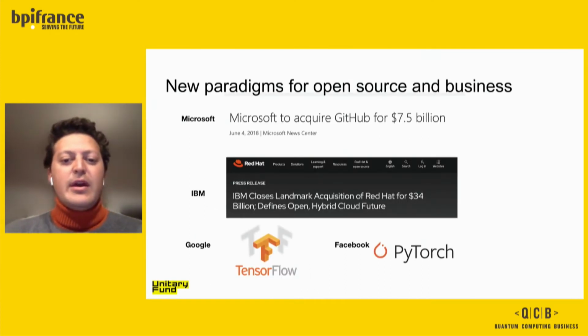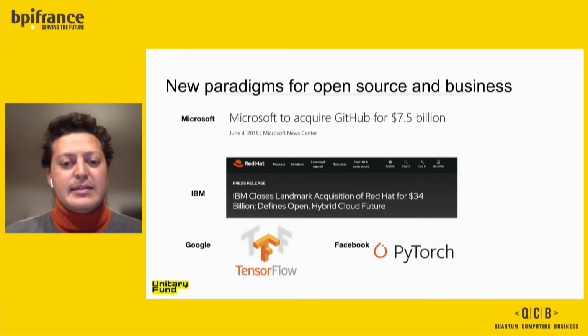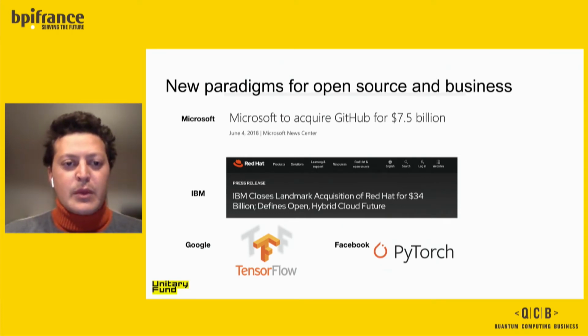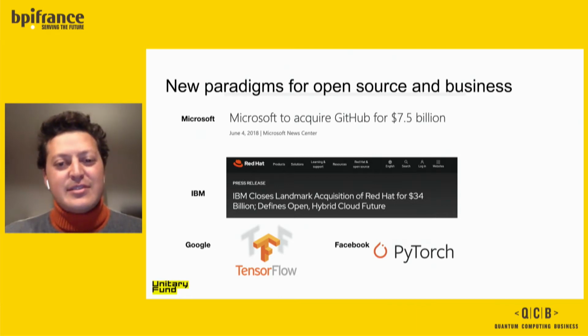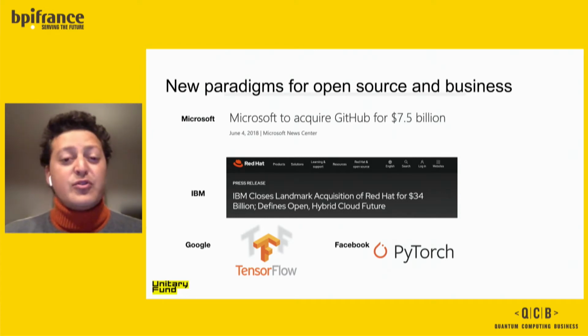So the benefit for science, knowledge, and research is clear, but there is also a shift occurring more recently in the way businesses use open source. Here are just some headlines, a gist of what's been happening. Microsoft recently acquired GitHub, the tool mainly used to collaborate on open source projects.